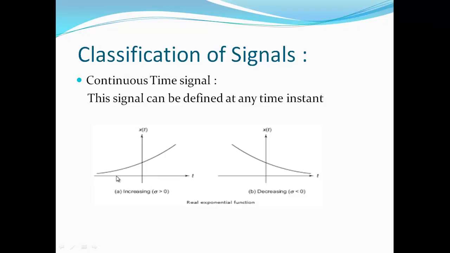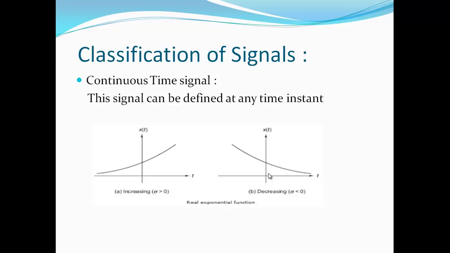Wherever I take a point here, it has a value. Starting from right here to here, there is a value for each and every time instant. So that is a continuous time signal.